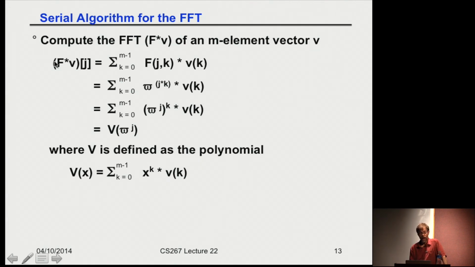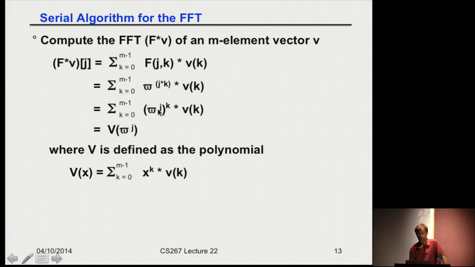So there's my matrix times my vector, and there's the jth component. Let me just multiply it out. So this is just the dot product of the jth row of f, the Fourier transform, times vector v. And let me just plug in what is the jkth entry. It's omega to the jkth power. And let me just put in some parentheses. And so now I can recognize this as evaluating a polynomial. The coefficients of the polynomial are the entries of the vector.